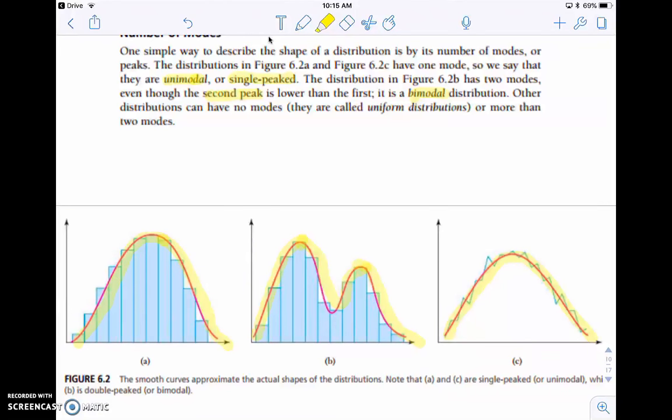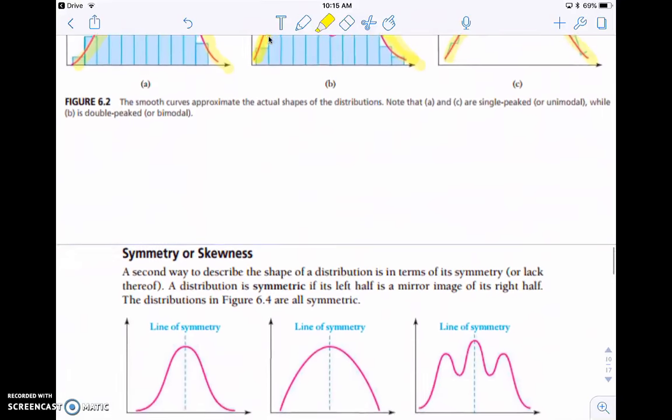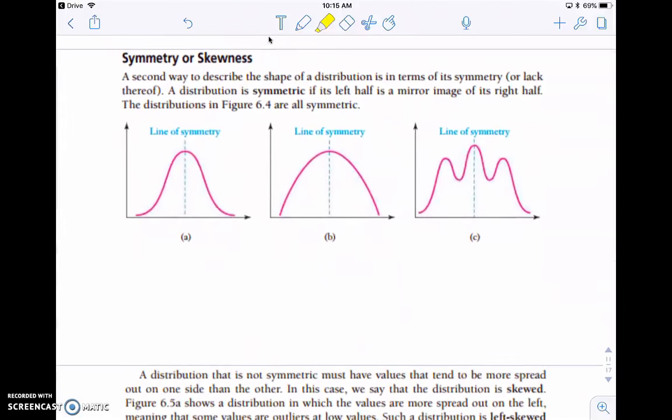Or sometimes there are some that have more than 2. But in all our cases, we're mainly going to be looking at when there's a single mode, when we have 1 single peak. But again, the lines here that I've highlighted, those are just going to be the way we describe the general shape. To see kind of a smooth curve to give us a better idea of what we're looking at.